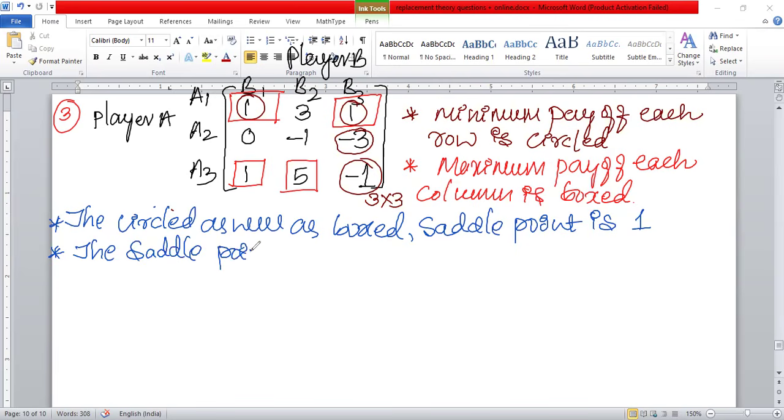The saddle point position: here you have to write 2 positions. So 1,1 and 1,3.